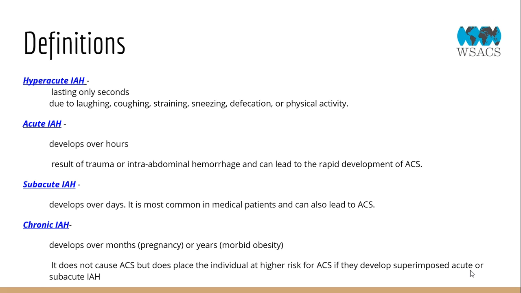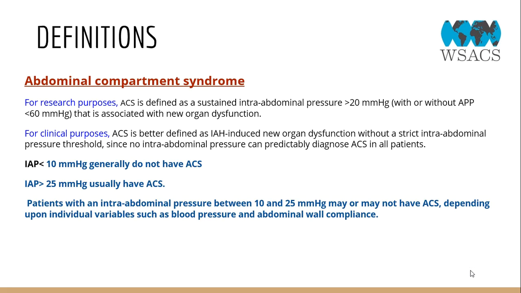It is most common in medical patients and can also lead to ACS. And chronic IAH develops over months, as in pregnancy, or years in morbidly obese patients, and it does not cause ACS but does place the individual at risk for ACS if they develop superimposed acute or subacute intra-abdominal hypertension.